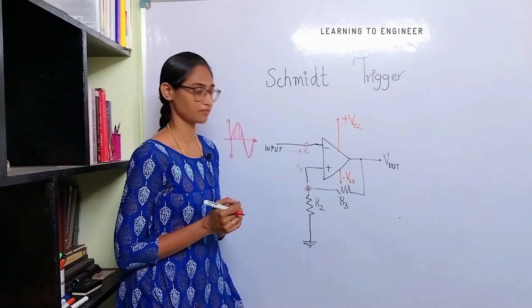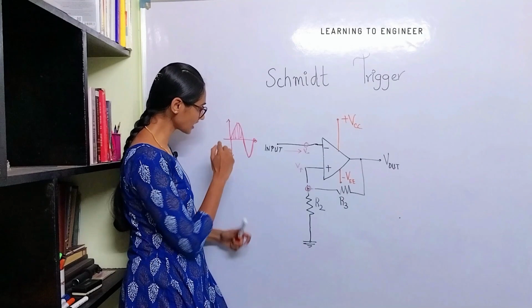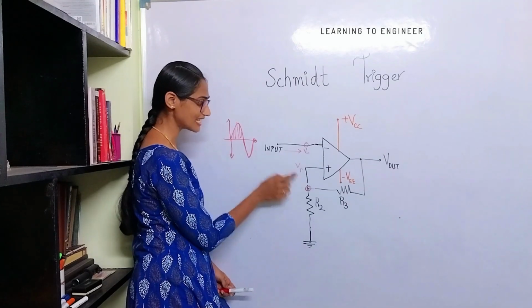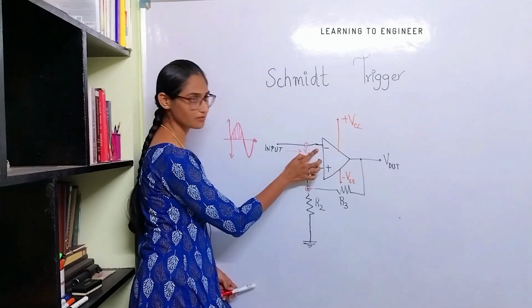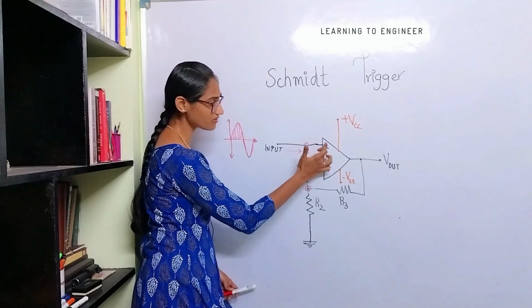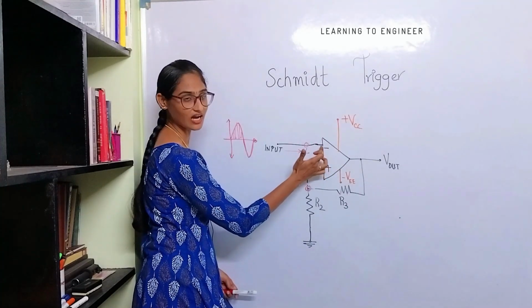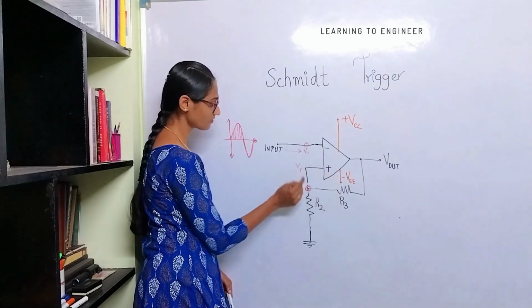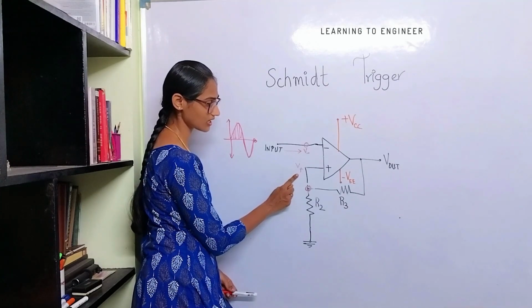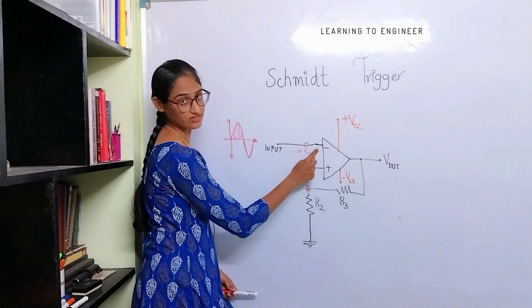That's the concept of an op amp, right? Whenever the negative terminal input is higher, the output will be pushed to minus VEE, and whenever V plus is high, the output will be close to plus VCC.